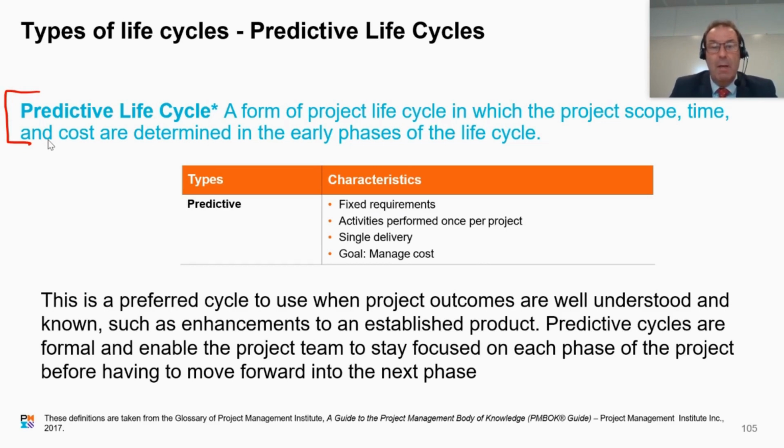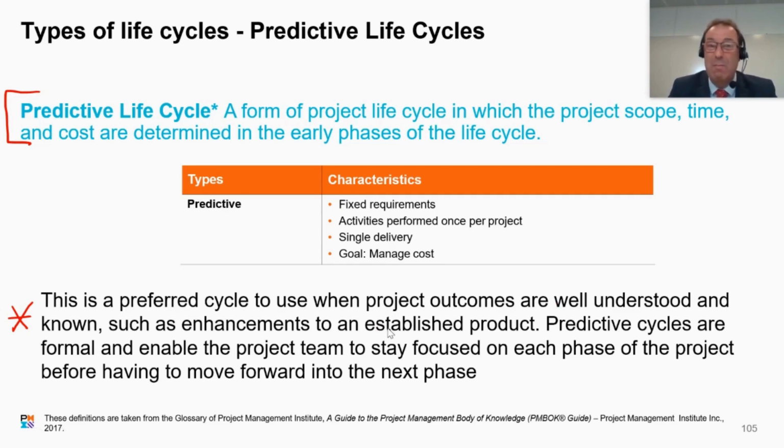Now, to me, using predictive has massive advantages. Low complexity, really straightforward goal, we can do this. And as we've put down here, this is the preferred cycle to use when the project outcomes are well understood and known, such as enhancements to an established product.